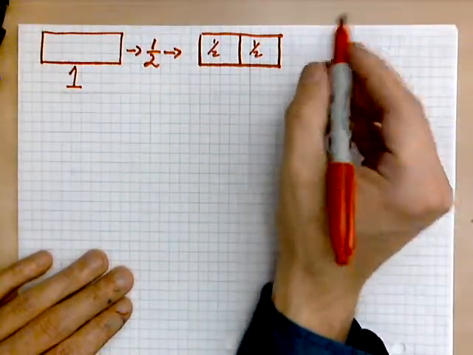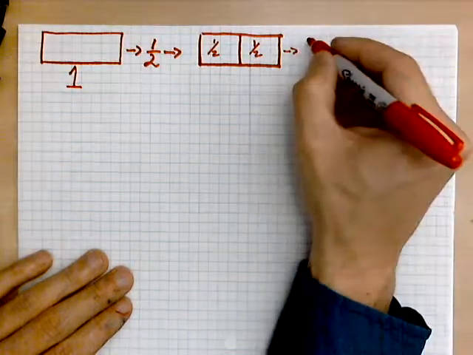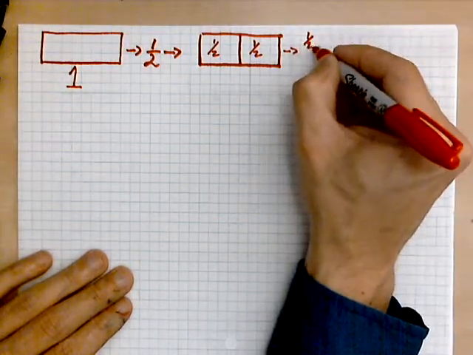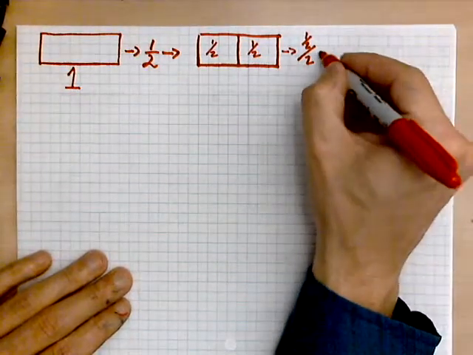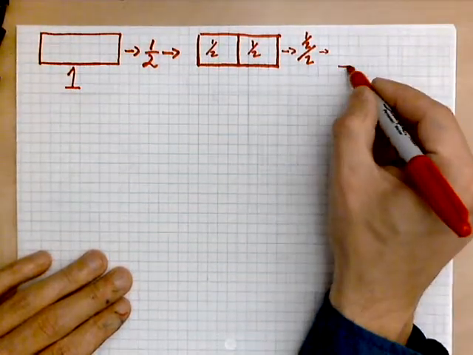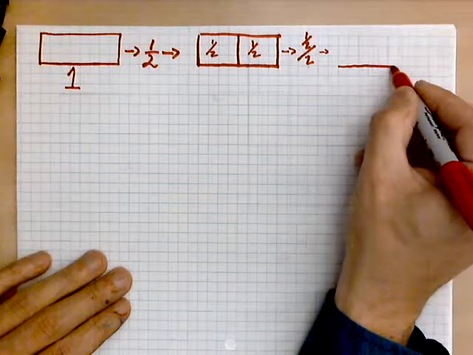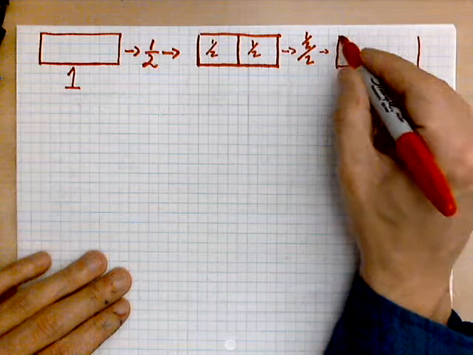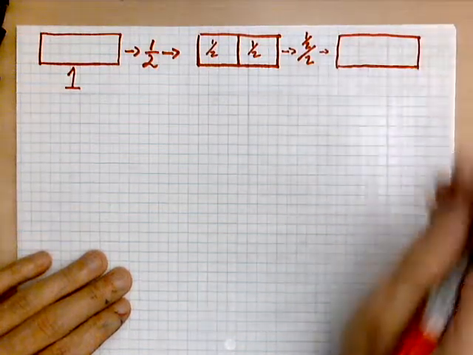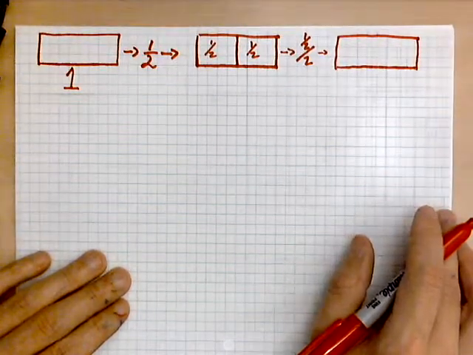But we don't have to stop here, which means we can do the following. We can take our 1/2 of a rectangle and we can split that further until we get this here. So it looks like this, okay?